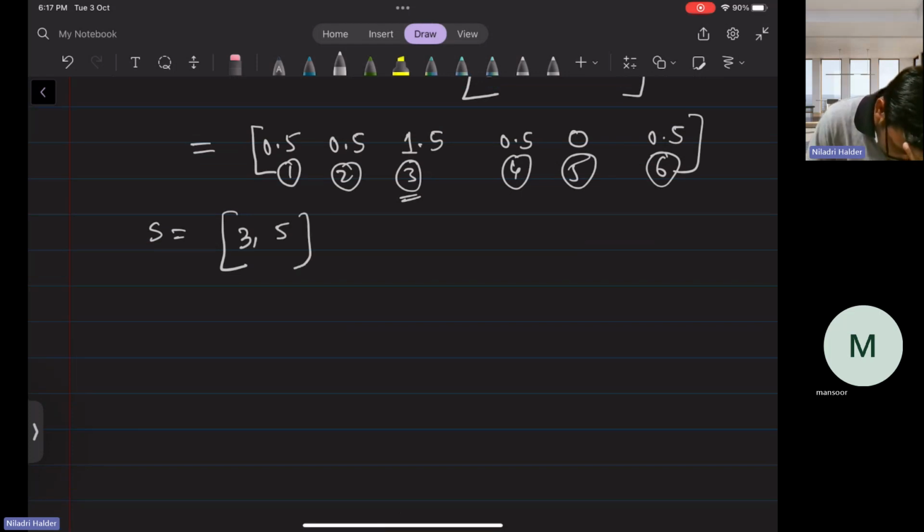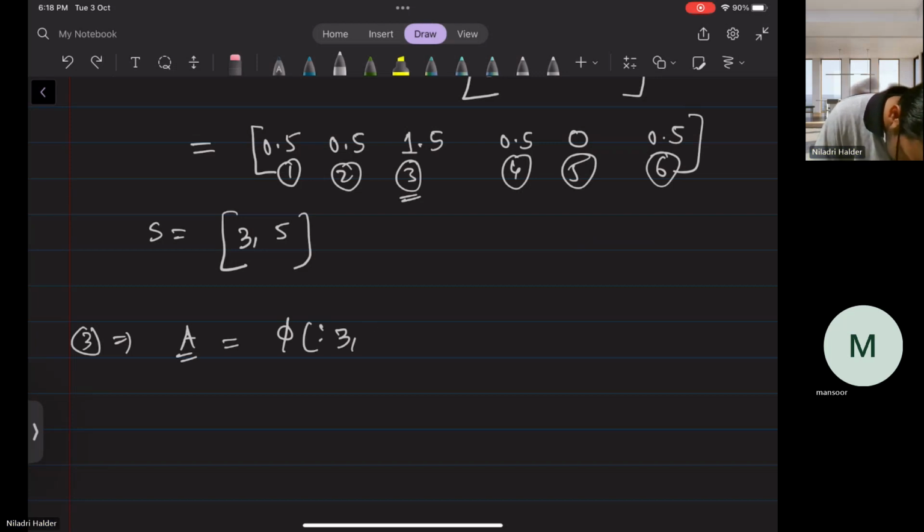Now this is a vector, and then A is equal to phi of colon 3 comma phi colon 5.